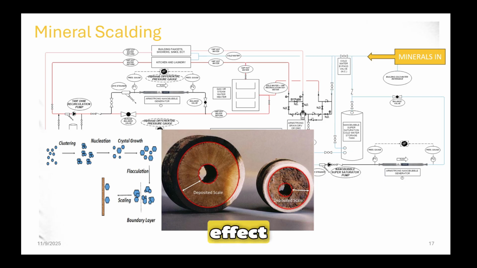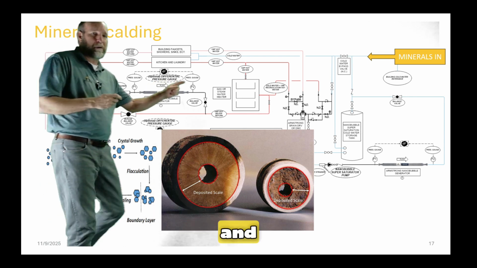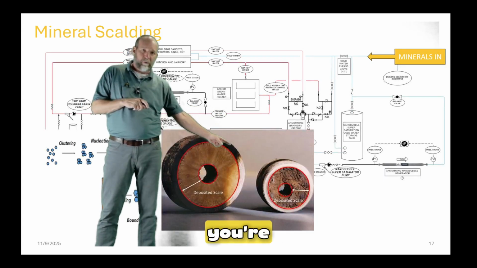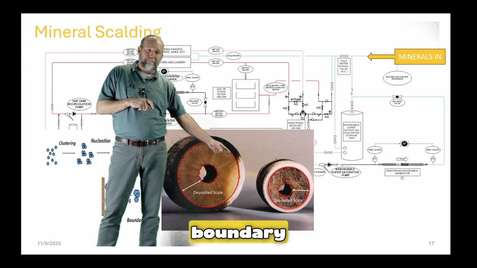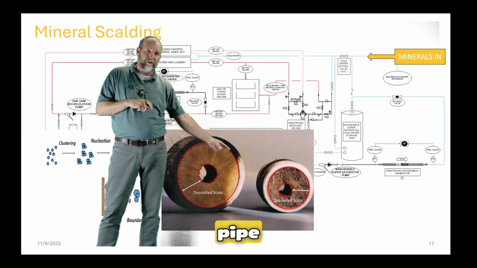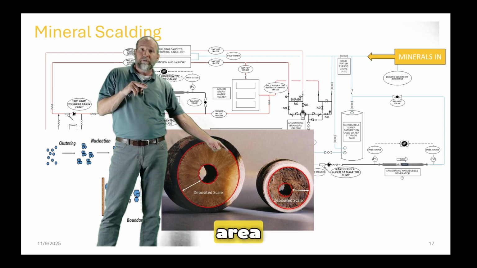The boundary layer effect is a low flow stagnant area which promotes the adhesion, growth, and thickening of the deposits. On this diagram, the boundary layer is right here, this little red layer between where the scale is and where the pipe wall is. What you have going on there is both a low flow area where the adhesion of the scale starts, and you also have corrosion going on there. But that's essentially what happens.